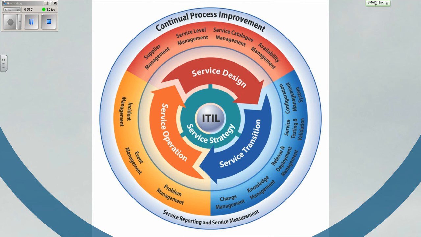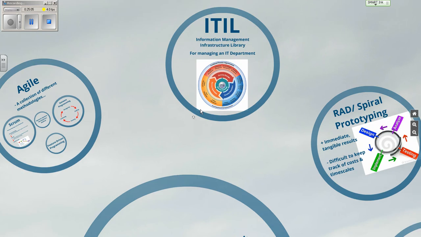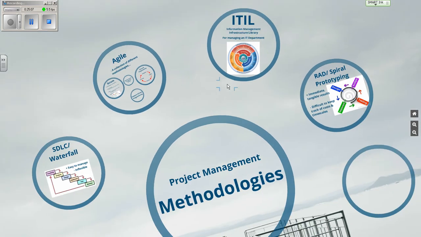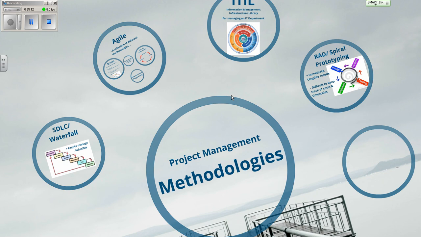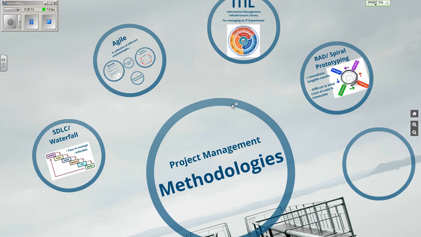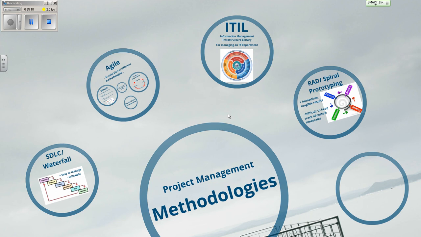So if we have a look at all the methodologies we've got so far, yeah, you can see how they're all different. They look at the problem in completely different ways.